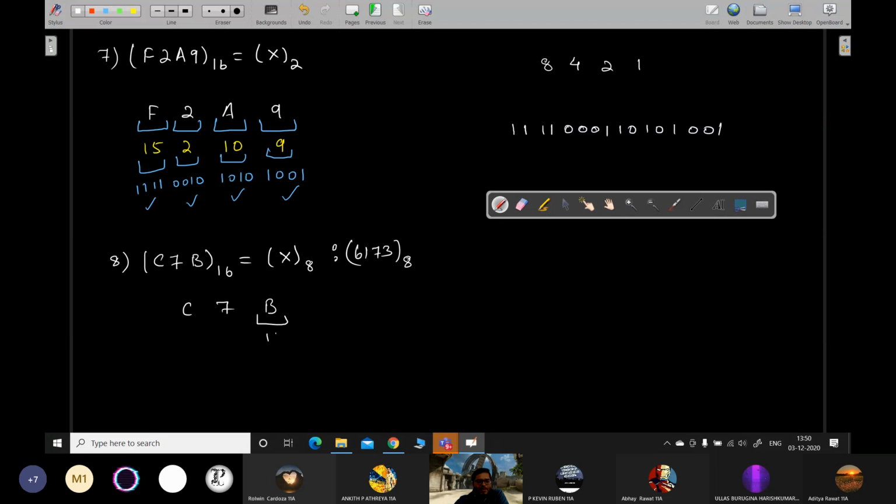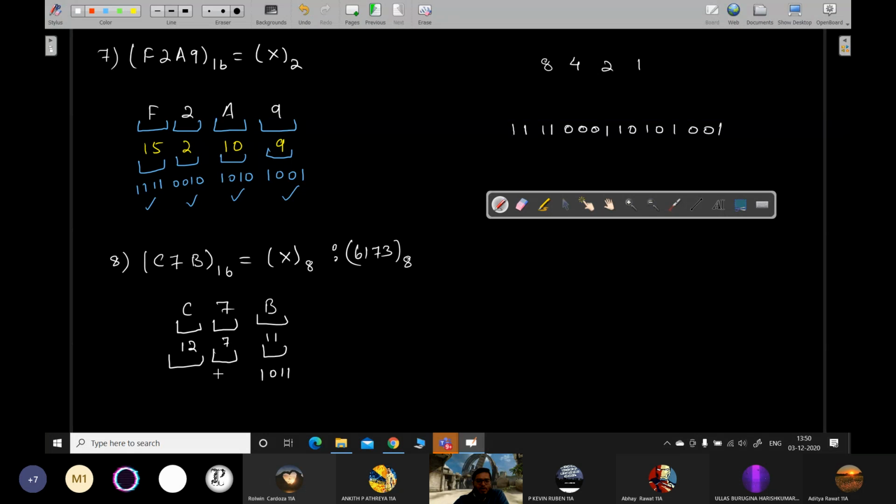B is what? 11. 7 is 7 only. C is what? 12. When you convert them to binary in groups of 4, 11 will be 8 plus 2 is 10, plus 1 is 11. So 1 0 1 1.